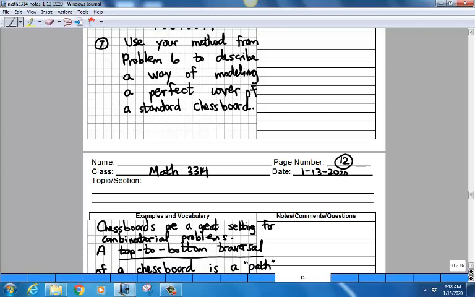You don't have to write down the whole perfect tiling, but what sort of items or objects could you use to represent a tiling? What would a tiling look like?